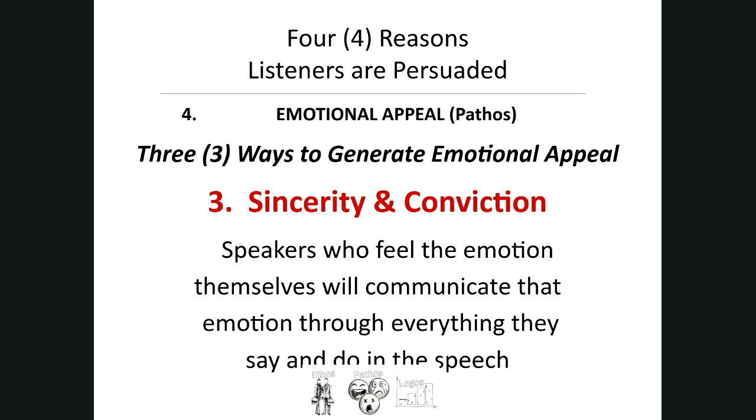And the 3rd way that we generate emotional appeal is with sincerity and conviction. Speakers who feel the emotion themselves will communicate that emotion through everything they say and do in the speech.